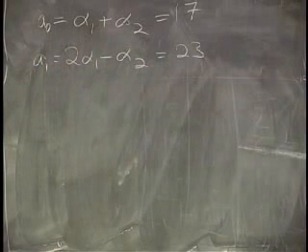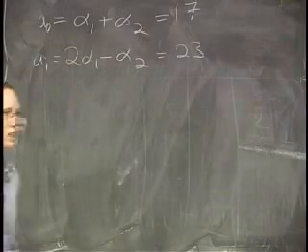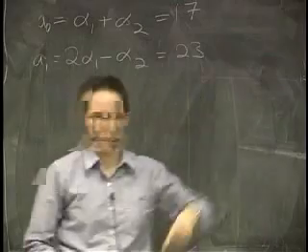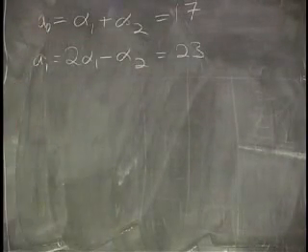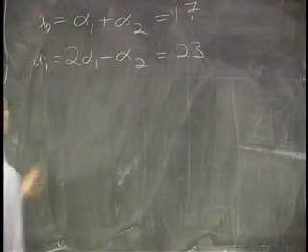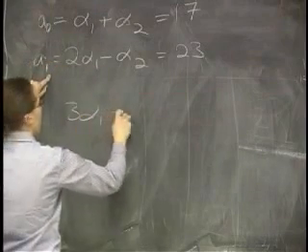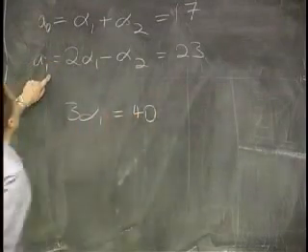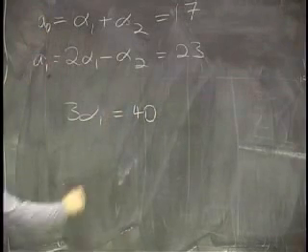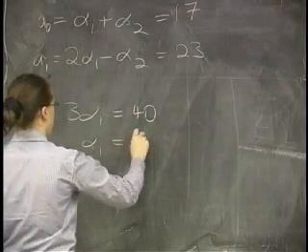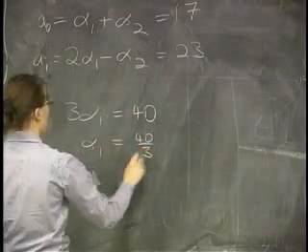Now we see the use of all the linear algebra we learned. We have to solve these two equations in two unknowns. More generally, we'd have k equations and k unknowns because we would have started with k initial values. If we add these two equations, we get 3 alpha 1 equals 40, so alpha 1 is 40 thirds.